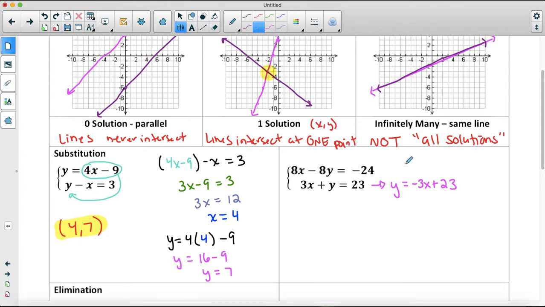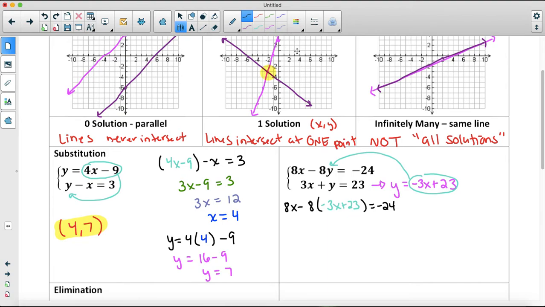Now that I have my y equal to something, I'm going to take this entire expression, which is equal to y, and replace or substitute it into the other y. So we'll have 8x minus 8, parentheses, that entire expression of negative 3x plus 23, and I'll close my parentheses, equals negative 24.